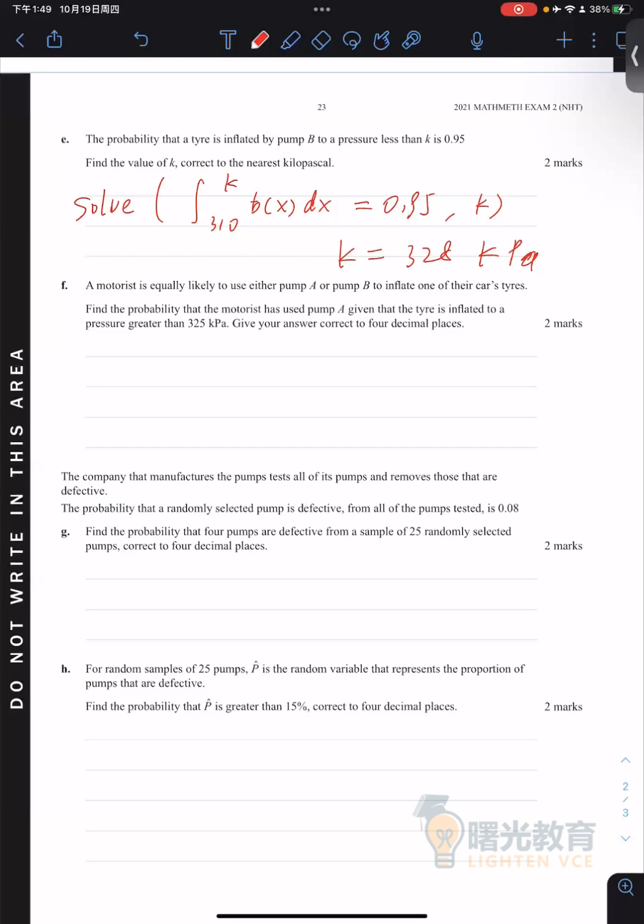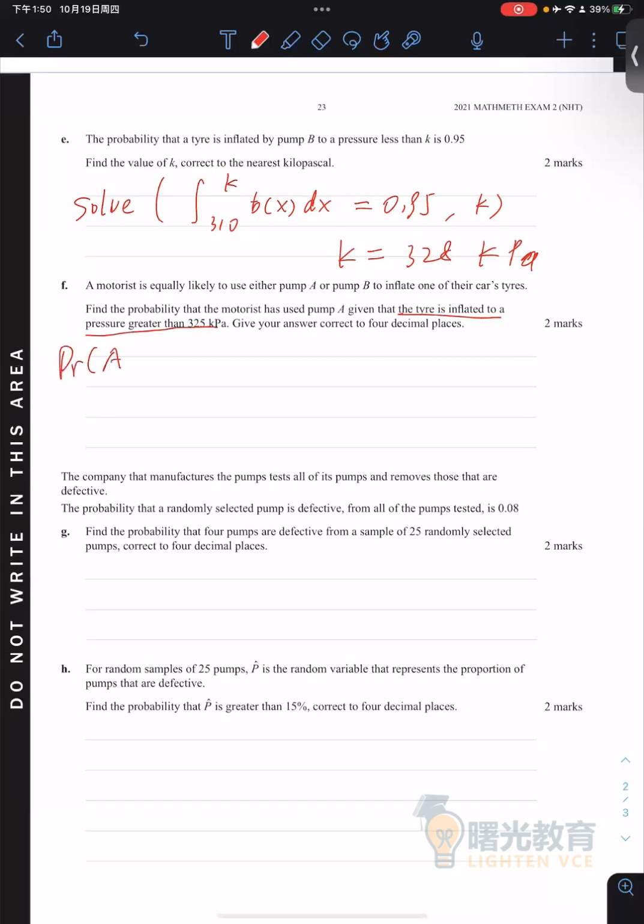F part. A motorist is equally likely to use either pump A or pump B to inflate one of their tires. Find the probability that the motorist has used pump A, given that the tire is inflated to a pressure greater than 325 kilopascal. Give your answer correct to 4 decimal places. Now, this is a what type of question? The conditional probability. Everything after the given is the condition, okay?